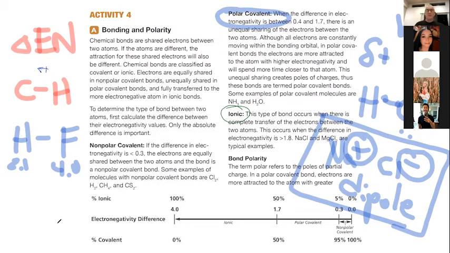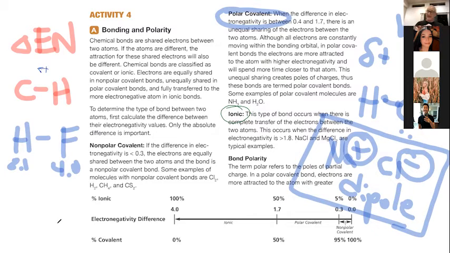So now, which direction do we point the arrow? Remember, the arrowhead points at the more electronegative atom. Do we point it at the hydrogen or do we point it at the fluorine? The fluorine. Point at the fluorine.